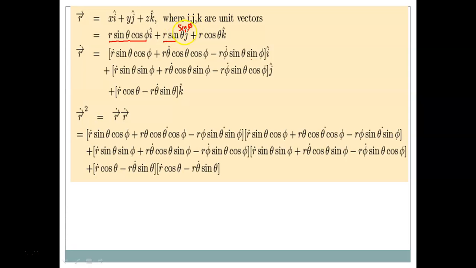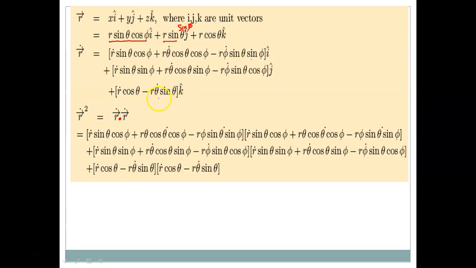Similarly, we differentiate here with respect to r, theta and phi. We'll get this term, the second one. And when we differentiate with respect to r and theta here, because phi is not present here, we'll get this term here. So now if r dot square is calculated, you will take the dot product.